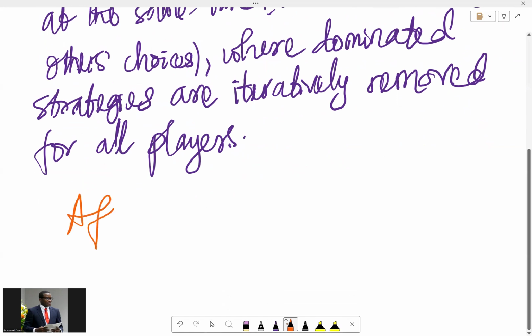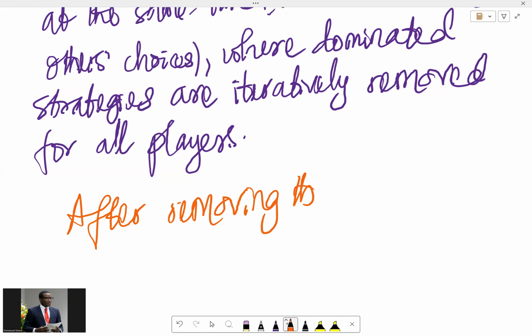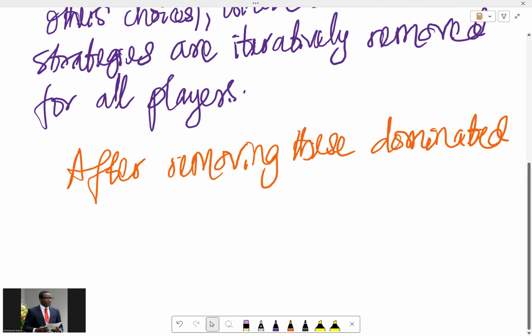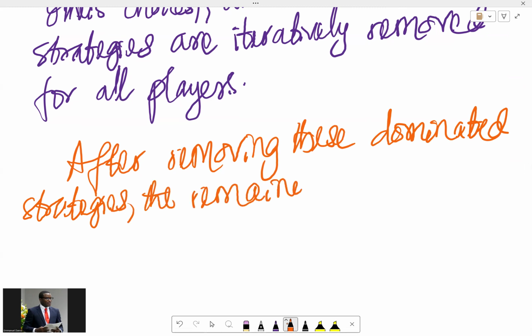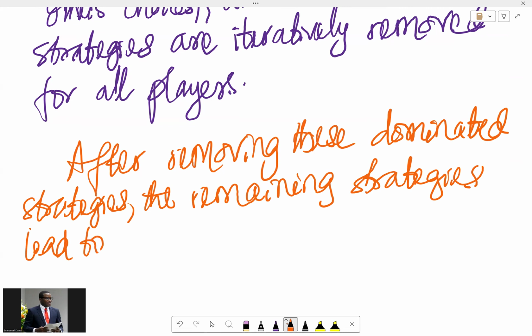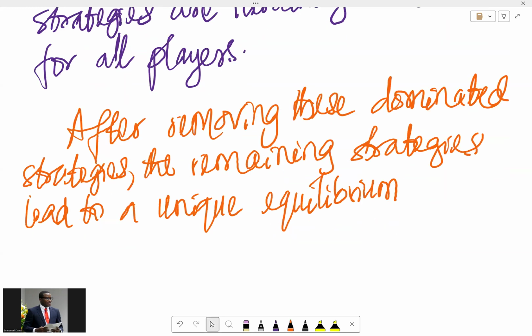After removing these dominated strategies, the remaining strategies lead to a unique equilibrium. Of course, that's our goal, to get the Nash equilibrium for every game.